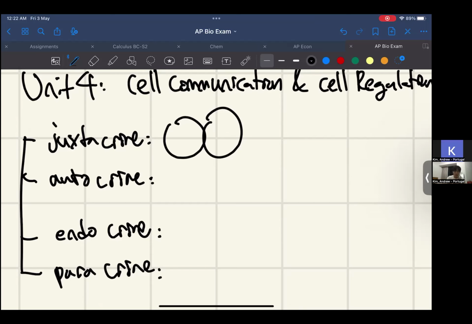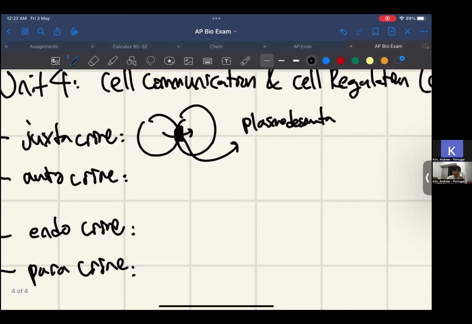So for juxtacrine cell communication, one cell literally just sends a chemical component to the other cell that is touching it. The secret doors that these chemical components, equivalent to messengers, can pass through are called plasmodesmata for plant cells, and for animal cells, these secret doors are called gap junctions.